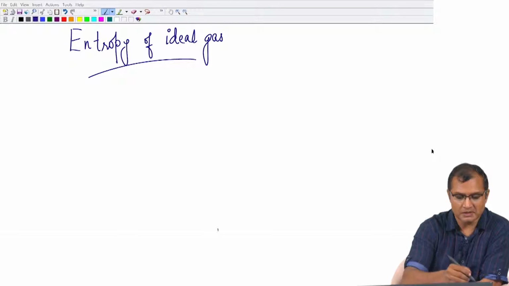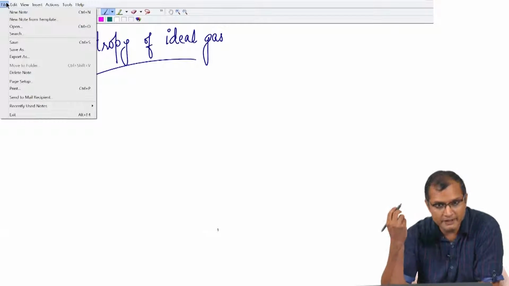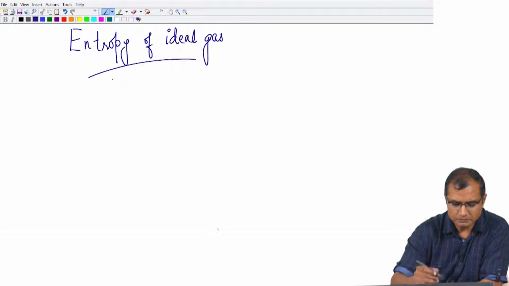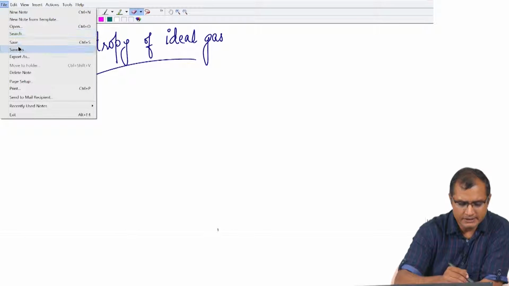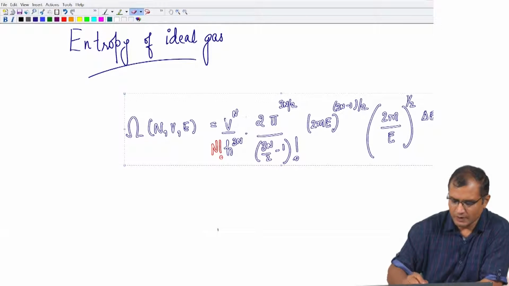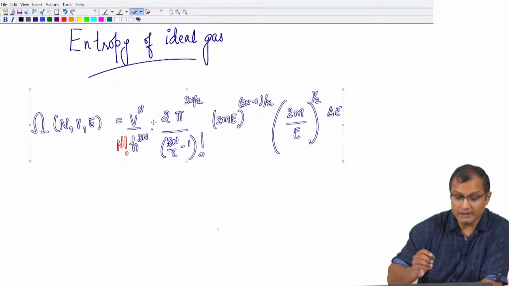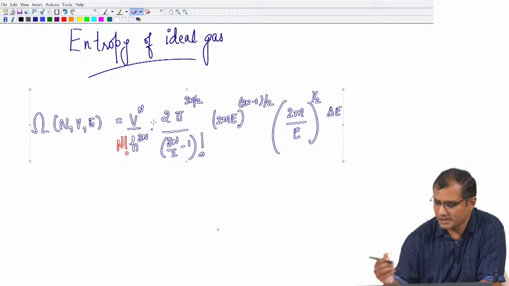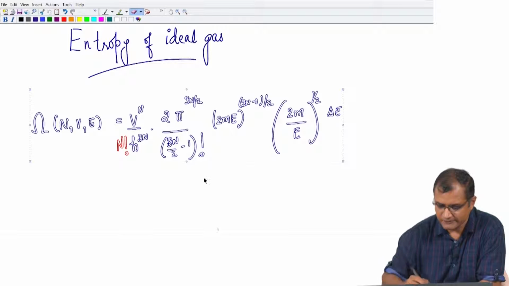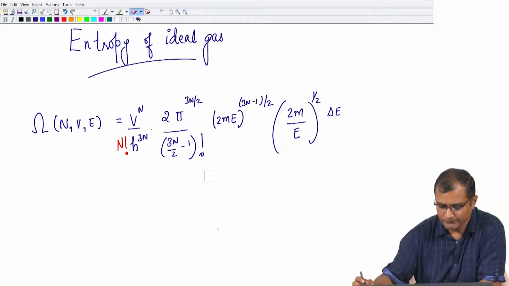Good afternoon, students. So, we will basically start off from where we left in the last class, where we showed that the entropy of an ideal gas can be written as well. We derived an expression for the number of accessible microstates for an ideal gas at NVE conditions as this expression.